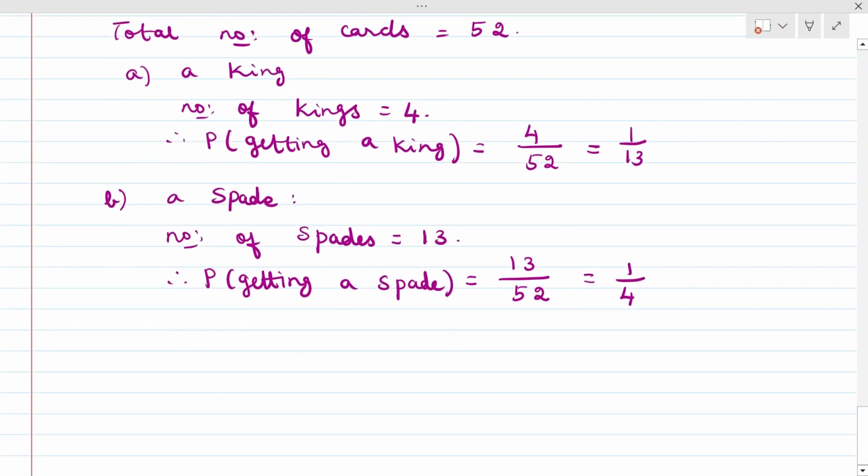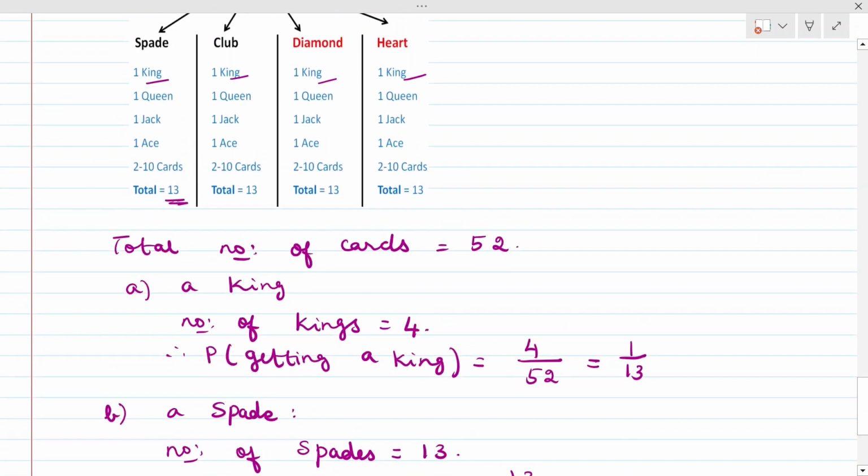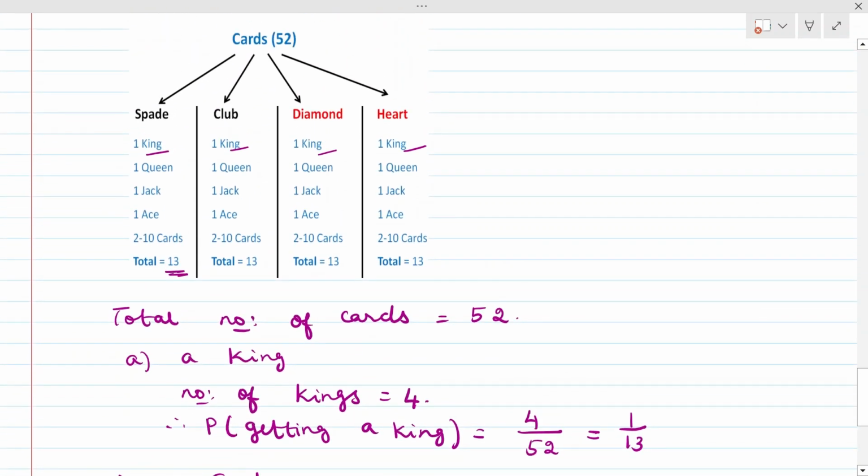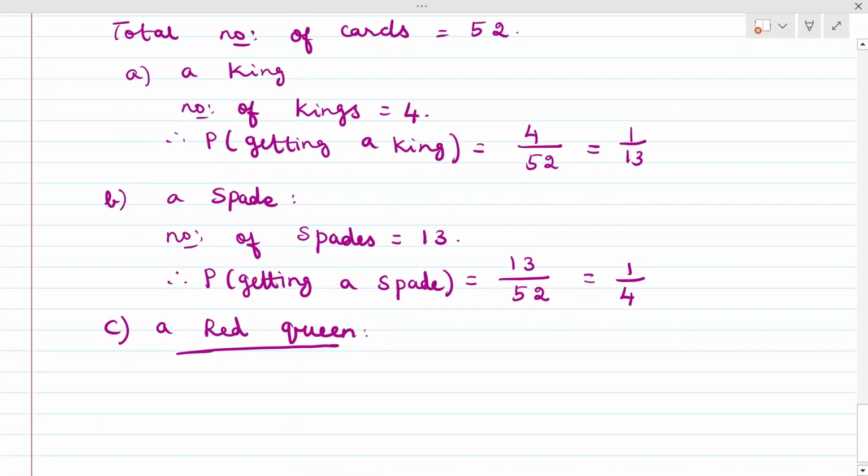And the next one, third one is a red queen. Yeah, red queen. Okay, so now again I'll go back to this thing and I'll show you. See, we have these diamond and heart are red, and in that here one queen is there and here one queen is there. So totally we have two red queens. Okay, so number of red queens, only red queens.